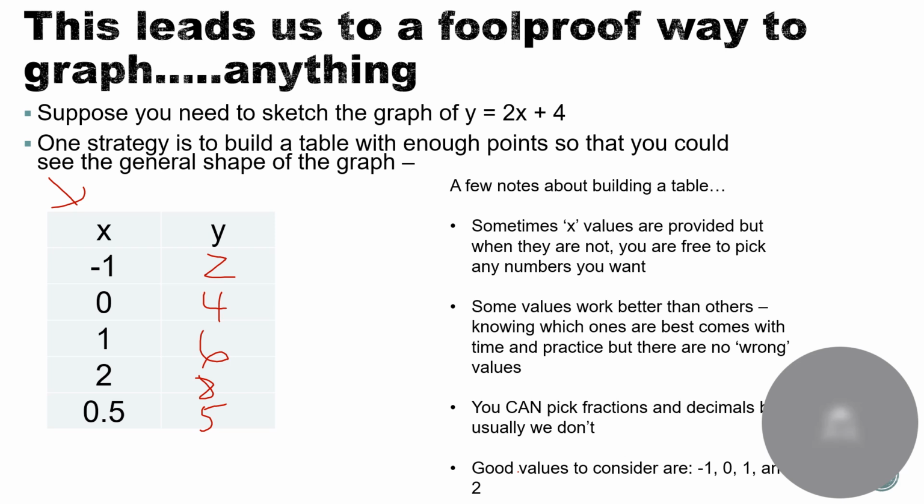Different equations behave different ways, but you should always consider -1, 0, 1, and 2. Then some students want to keep getting bigger, so they'll go to 3 and 4 and 5. You have to pay attention to what is happening with the numbers, because it might be better for you to go to, say, -2. You might be trying to avoid the negatives, and then it ends up not being a great idea.